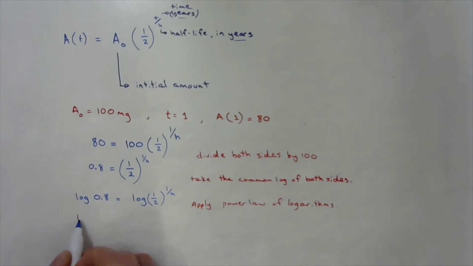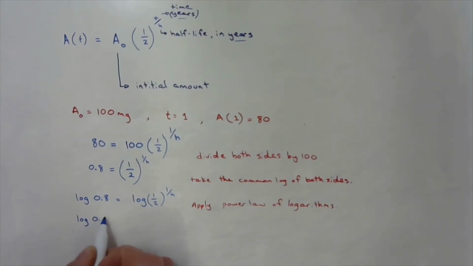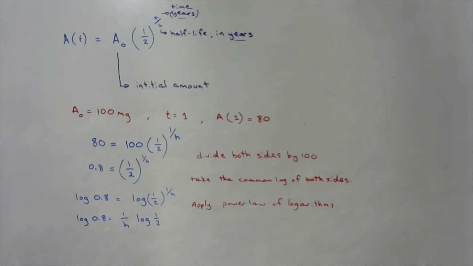So the left side doesn't change. We still have log of 0.8. But on the right side, we now have 1 over h times the log of 1/2. And at this point, and even earlier, I could have done this, but if we're using decimals on the left, we may as well use decimals on the right. 0.8 and 0.5.